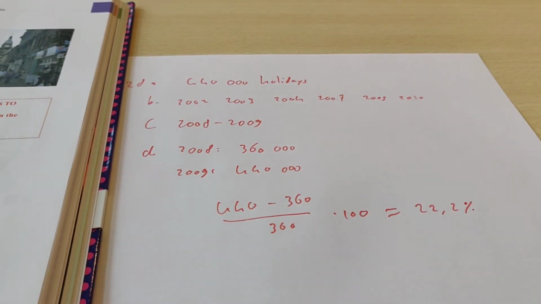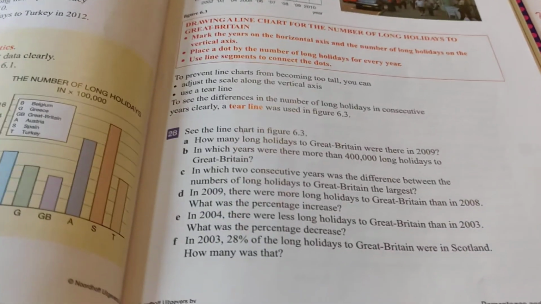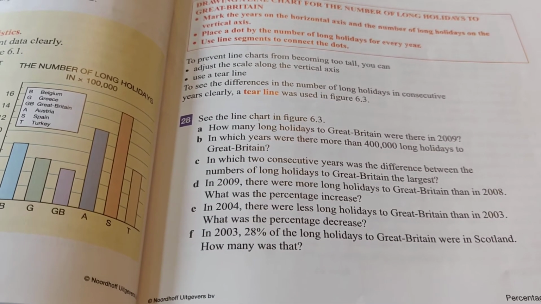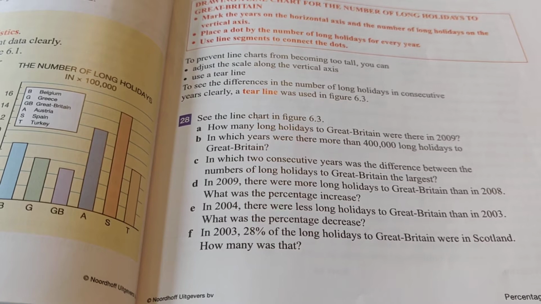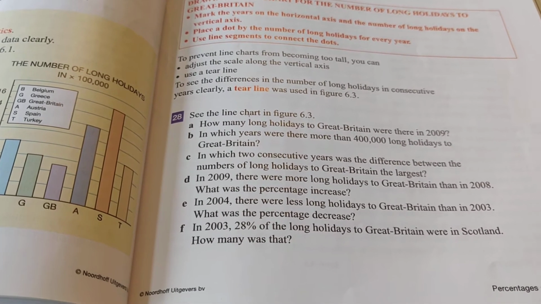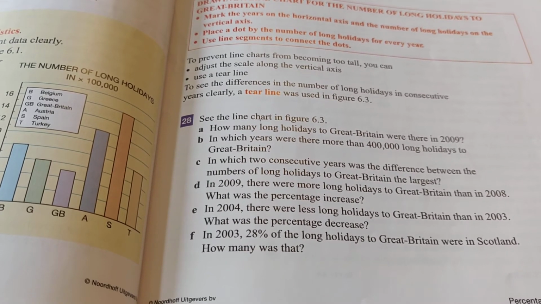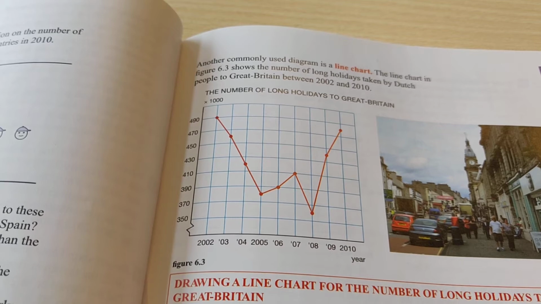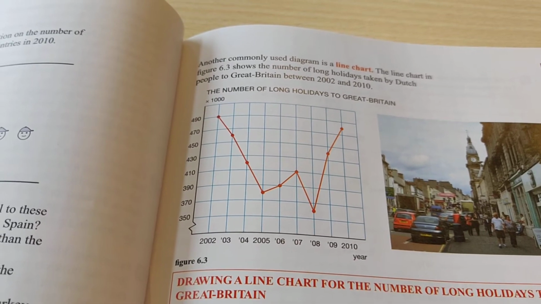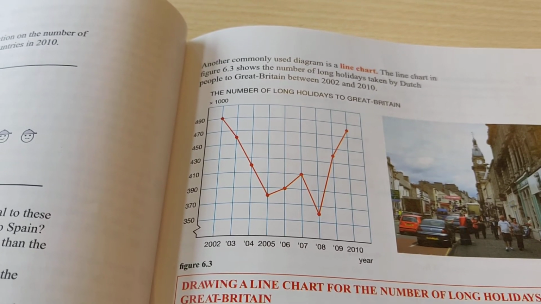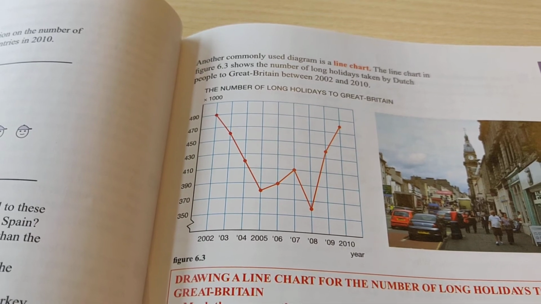Then we're going to go to exercise E. It says, in 2004 there were fewer long holidays to Great Britain than in 2003. What was the percentage decrease? This is actually a very similar question, but we have to figure out what the holidays were in 2003 and 2004. In 2003 it was 460,000, and in 2004 it was 420,000.